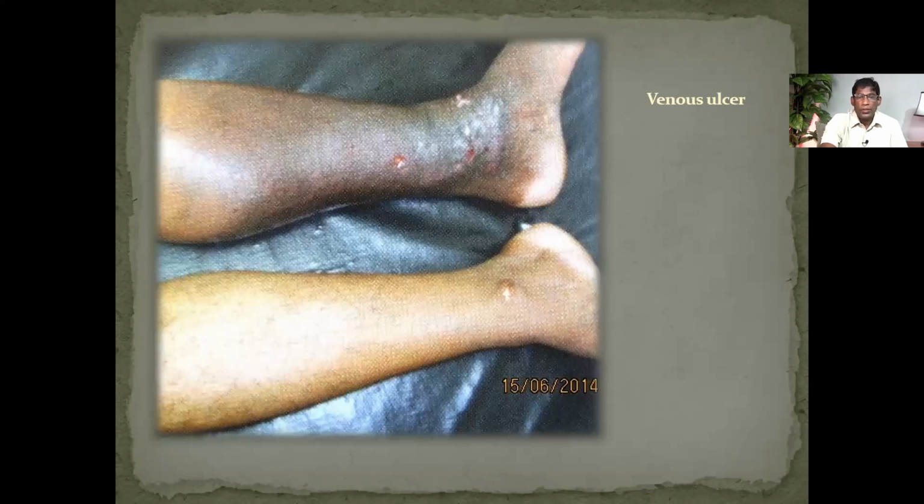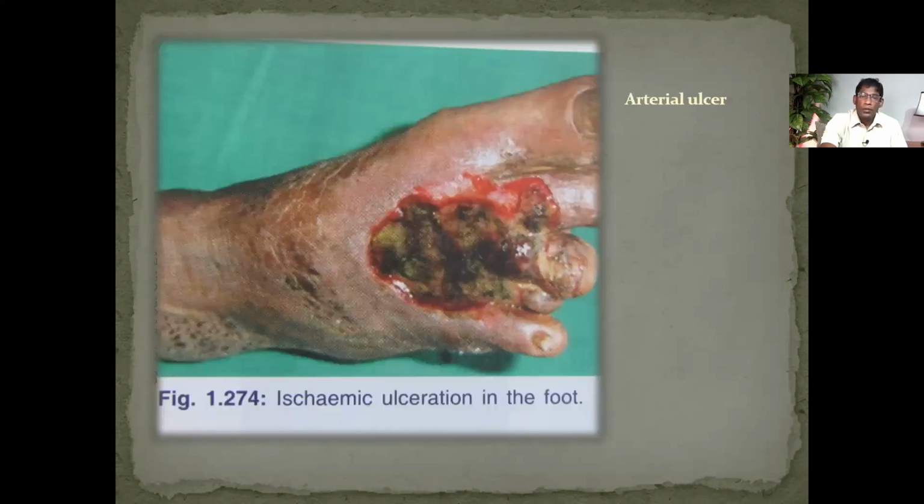This is again a venous ulcer, in the gaiter area and over the medial malleolus. This is ischemic ulceration, right? You can see the loss of hair on the toes, and though it is red, there is necrosis in the middle, right? The fifth toe, or the fourth toe, has been amputated.